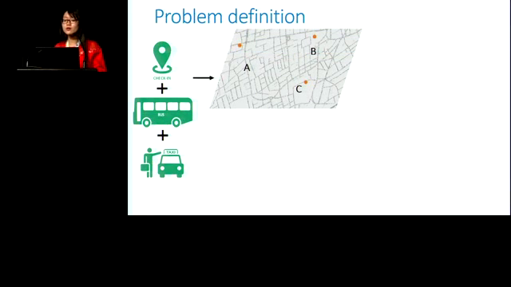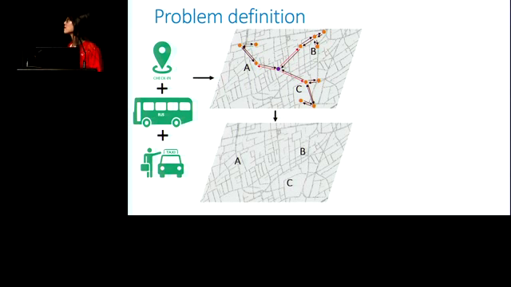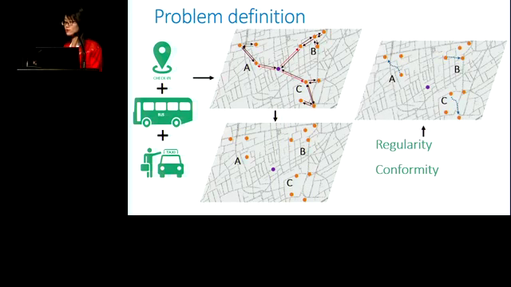So our goal here is to tackle these limitations. Given the heterogeneous mobility data, like the check-ins and the trajectories of buses and taxis, which indicate the movement and the spatial temporal patterns of users, where some of these movements may be driven by regularity, and some others may be driven by conformity, our goal is to predict the user's future locations.